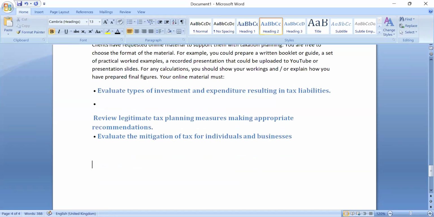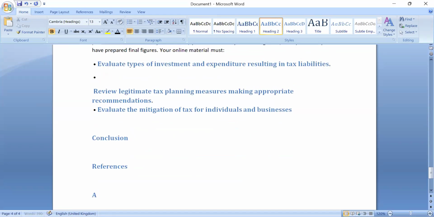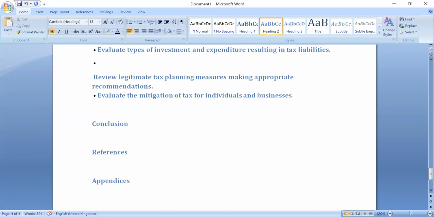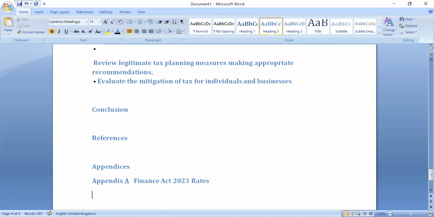What you can do at the end is draw the conclusion. Then the references, and after that, if you have appendices, like Appendix C1 and so on, yes, you can copy and paste those rates, and you can even cross reference them in the middle of your discussion.